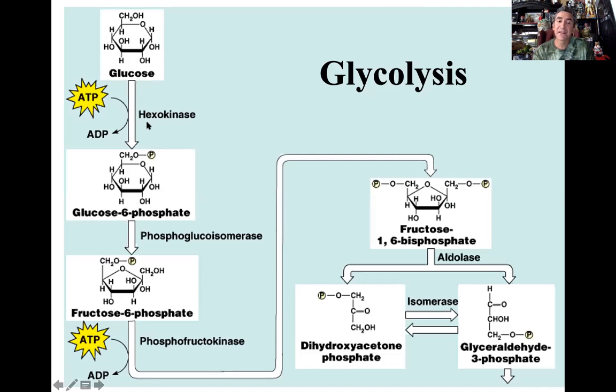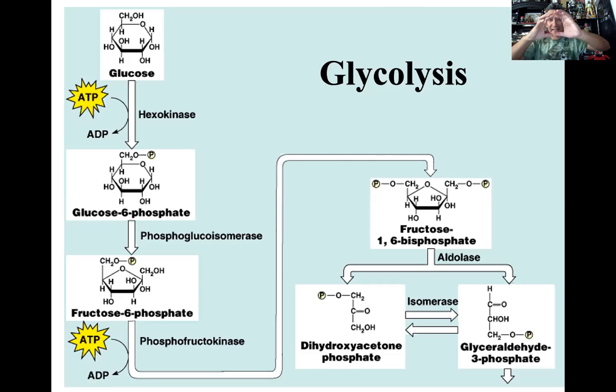Glucose 6-phosphate, the final product of the first reaction, serves as the starting reactant for the second reaction. So it becomes a substrate now for phosphoglucoisomerase, right, to produce fructose 6-phosphate. If we look at that molecule, we shifted it a little bit.